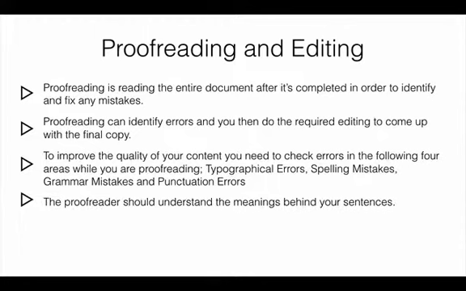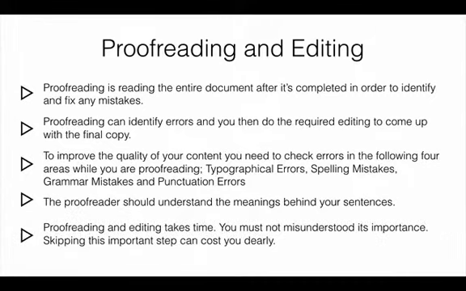The proofreader should understand the meanings behind your sentences. This is another reason it's good to get someone else to proofread it after you've finally done everything. That will give you the feedback you need before you put it out there to your audience. If your proofreader understands what you're saying, then you've done your job.